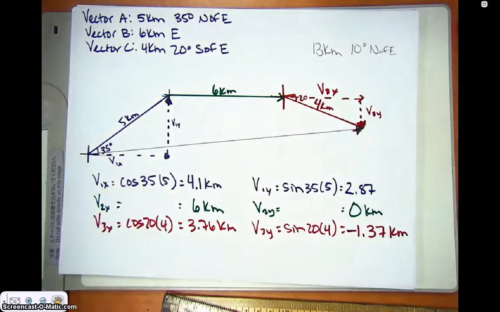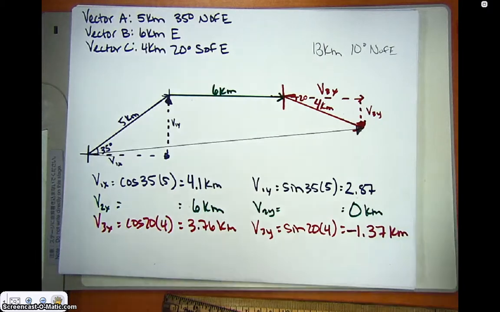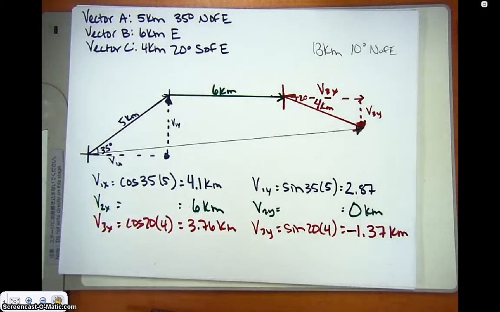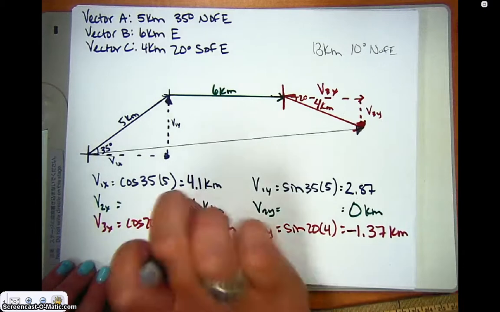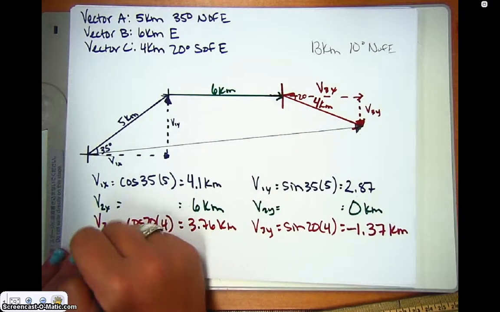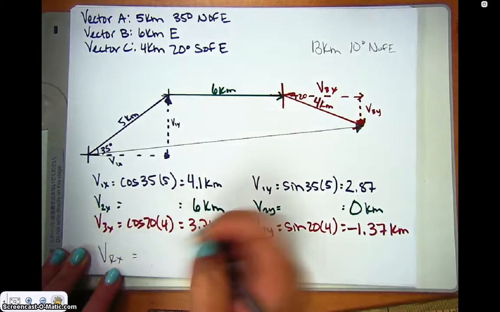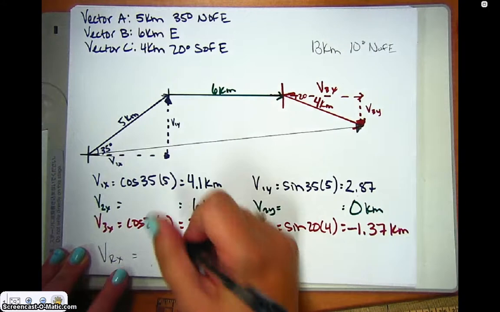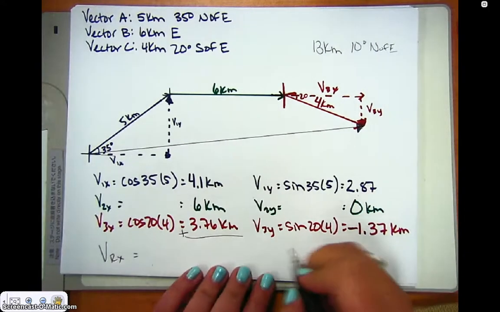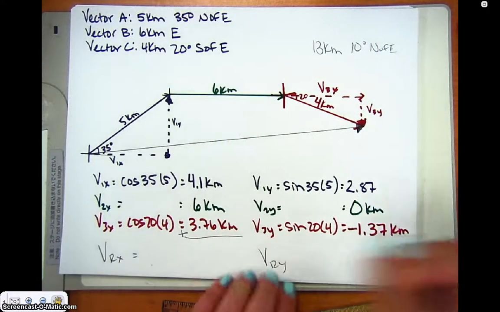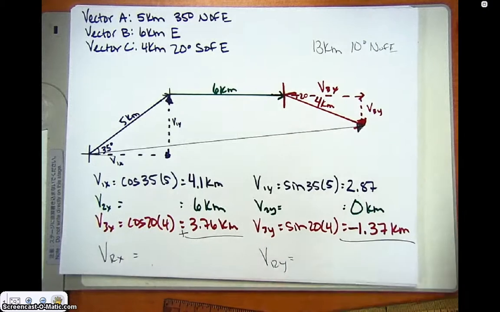All right, so I've got all of my components, and the next step is to go ahead and add the components of each of the vectors, each of the x's and the y's, and that will give me my resultant x. So my resultant x is going to be equal to the sum of these if I add them all together, and my resultant y will be equal to the sum of all these.